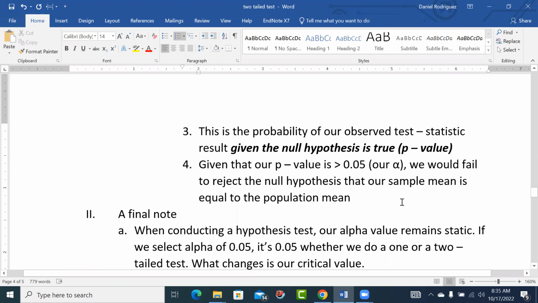So we cannot conclude that it's not equal. Basically, nothing has changed except that we did a two-tailed versus a one-tailed test. You'll notice what happened was that we now fail to reject the null hypothesis, with the exact same value that would have been significant if we did a one-tailed test, right?